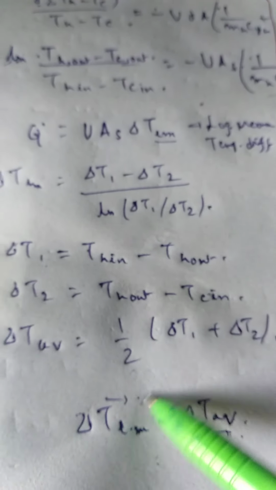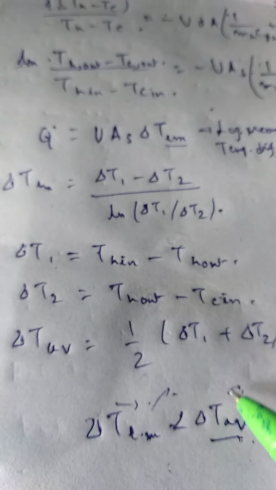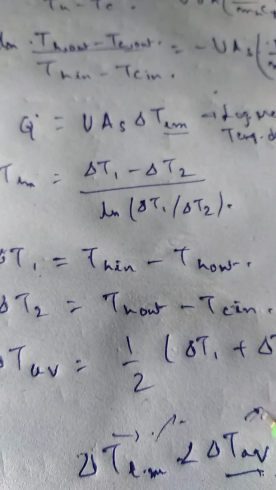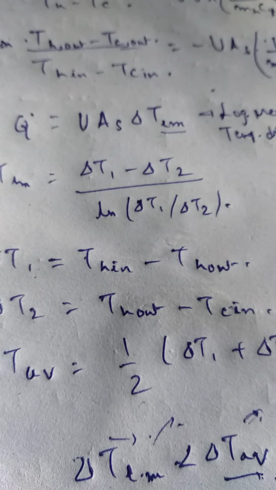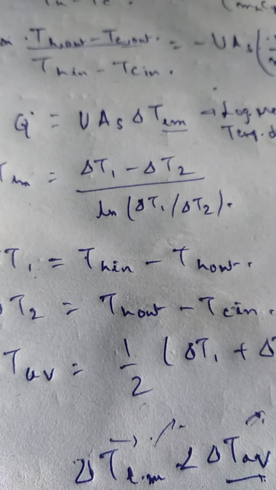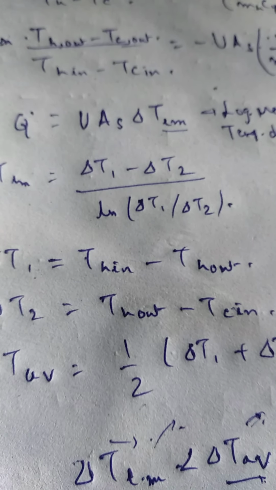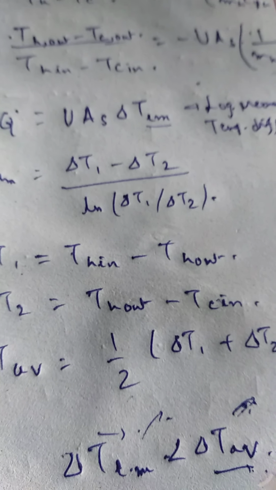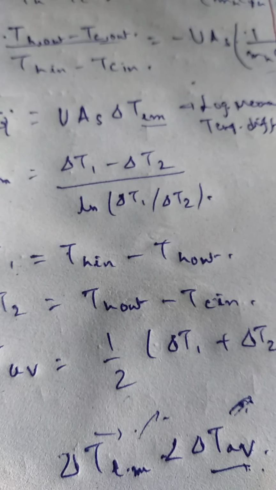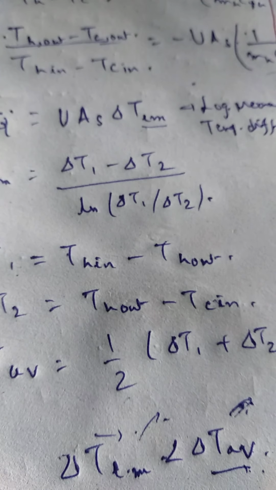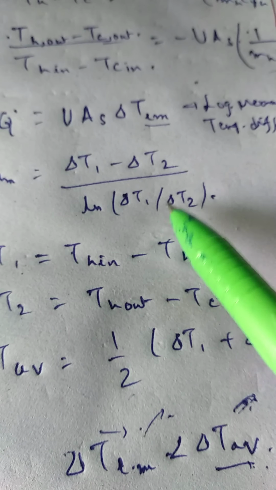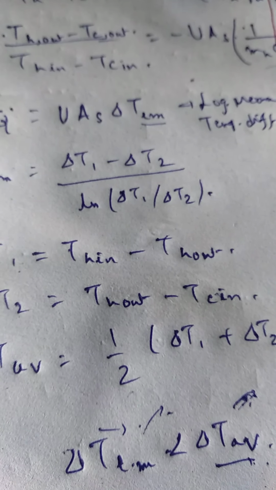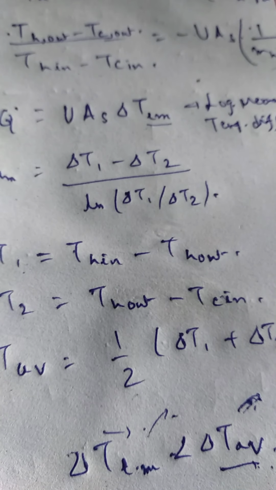So we will generally use the logarithmic temperature difference and not the average temperature difference, because there will be error, especially when the difference between delta T1 and delta T2 is very large. So we will always use delta T LMTD, the logarithmic mean temperature difference, when determining the rate of heat transfer.